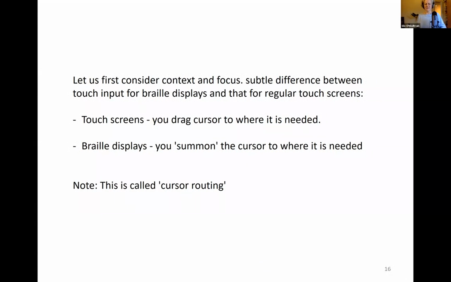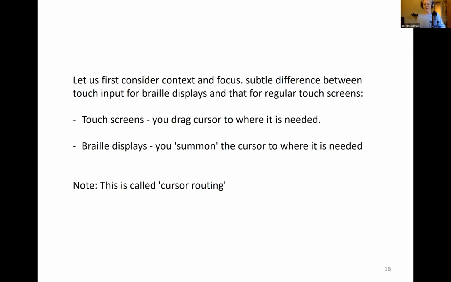So here's the first thing to think about, the idea of context and focus. When you're using a touch screen or a mouse, as a person with vision, you're able to see the context of what you're doing. You can see the whole page of the document or whatever, and you bring the cursor to where it's needed.